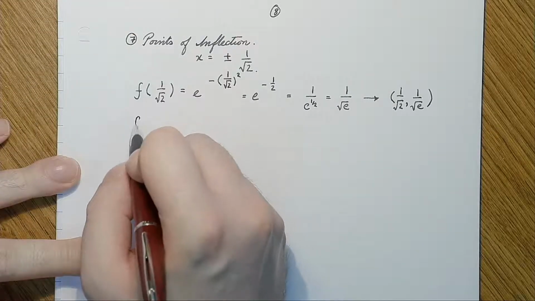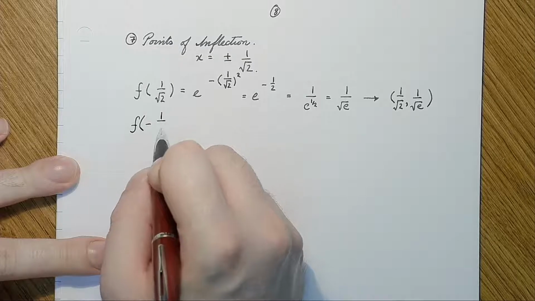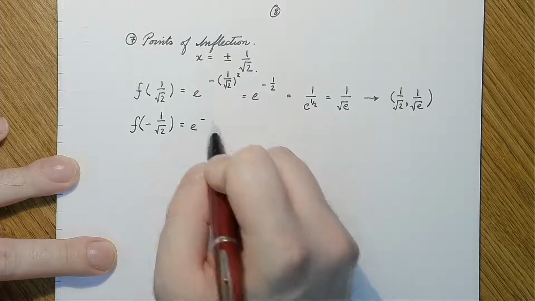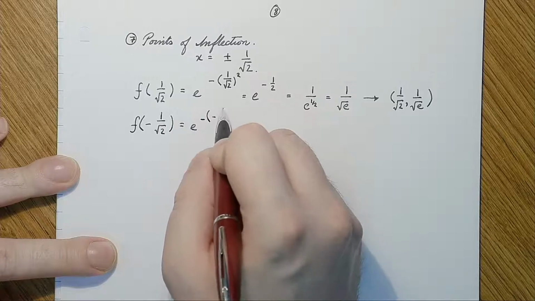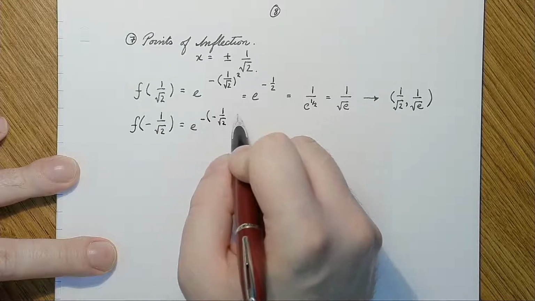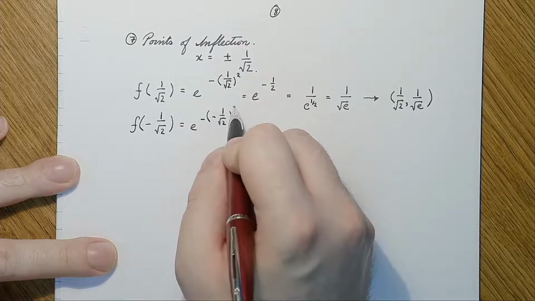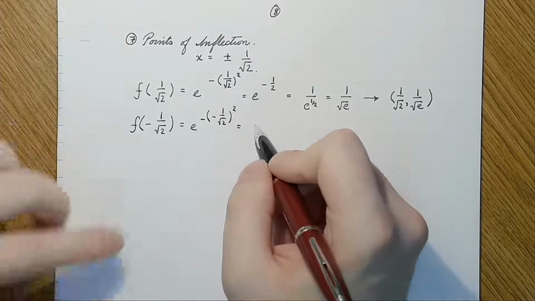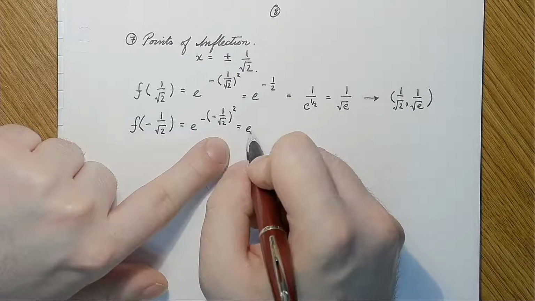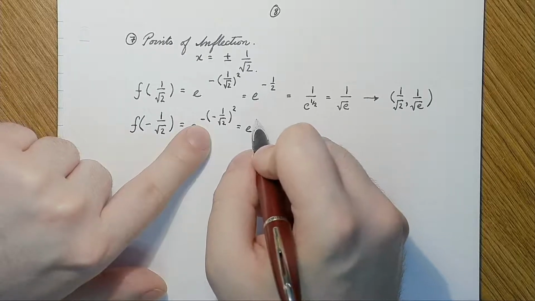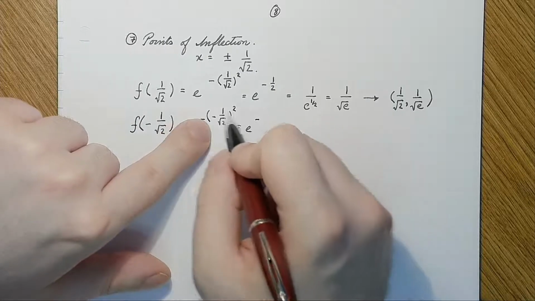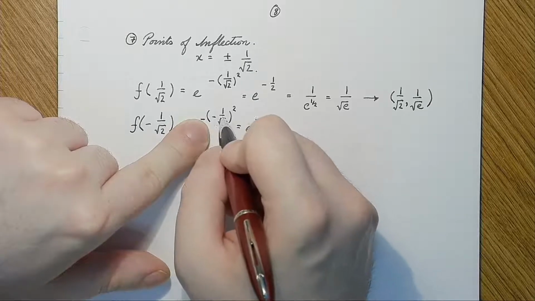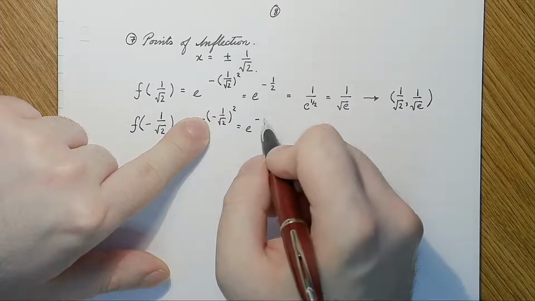And similarly, if I do this one, I have minus 1 over root 2 is equal to e to the minus 1 over root 2 squared. So again, that becomes e to the, I have a minus half still. This is going to be squared, so I don't have to work inside here, this will make this positive.